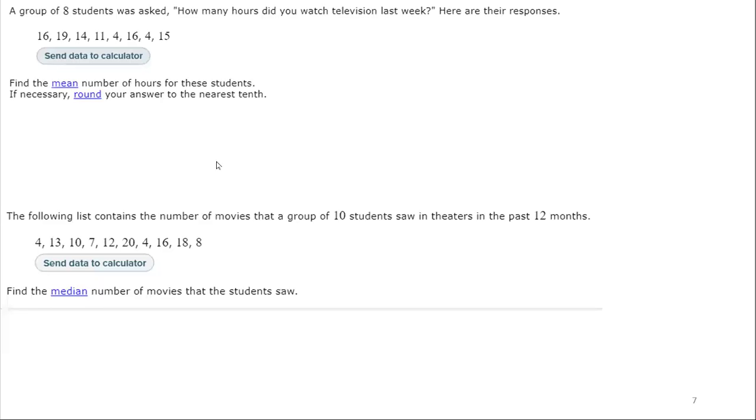All right, so again, to the mean, another word for mean is the average. So to find the average, we just add up all the numbers that we have and then divide it by the number of items that we counted.